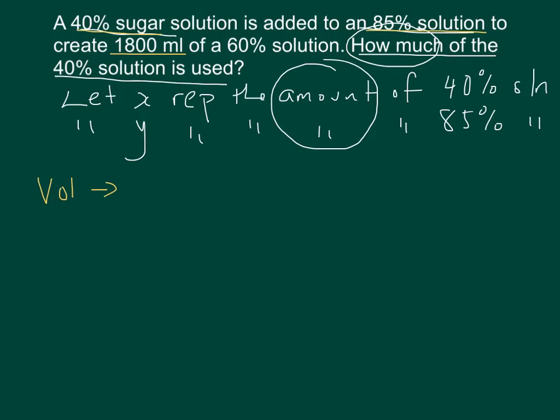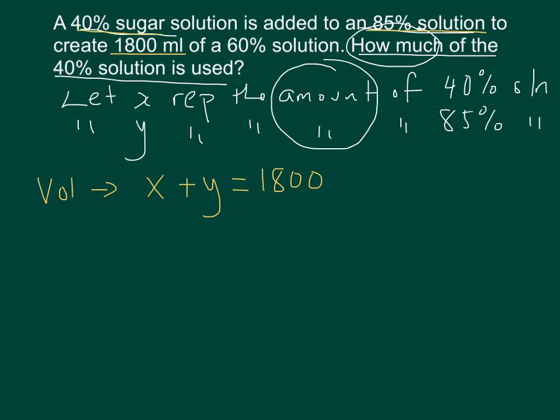With volume, x is the amount of 40% solution, and if I add the amount of the 85% solution, those two added together is going to be 180 milliliters. Okay, so that's good.